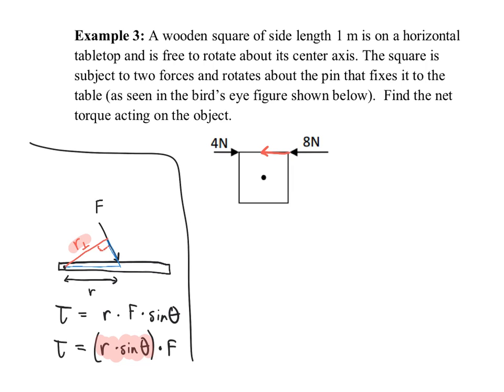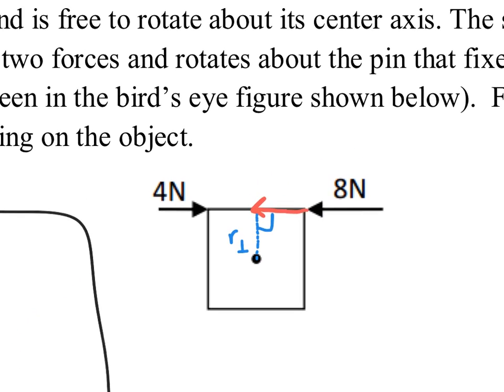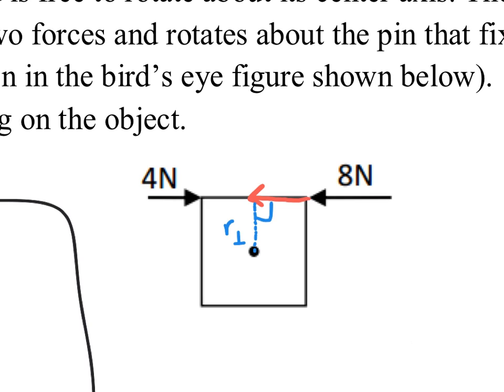Now, when I get to that point, the r value can be the value between these two. And that r value is r perpendicular. That distance right there is the perpendicular distance between the force and the actual rotating axis.